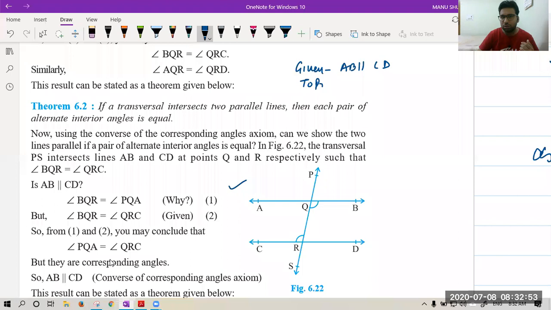To prove: suppose I take this as A, this as B, I have to prove angle A is equal to angle B. I request you all to go through this proof and try to prove it on your own. You can use all the axioms. I will be happy if you do it on your own. We will discuss it tomorrow if you are not able to do it. Okay, I guess time is about up, so you can switch on your videos.